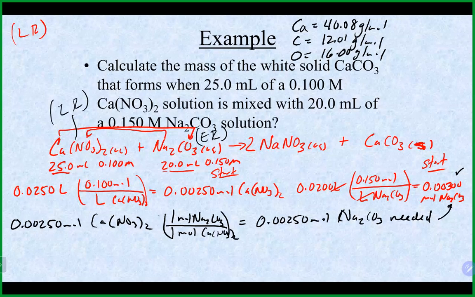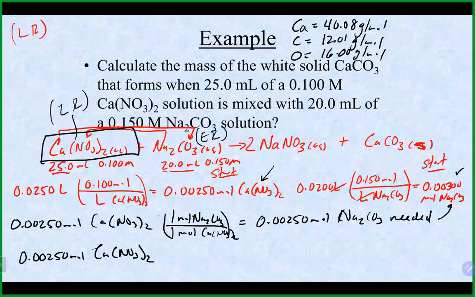Any questions on that? At this point, now that I've determined my limiting reagent is the calcium nitrate, I will then use the starting amount of my calcium nitrate, which is 0.0025 moles. I am now going to do the mole to mole relationship between calcium nitrate and calcium carbonate.